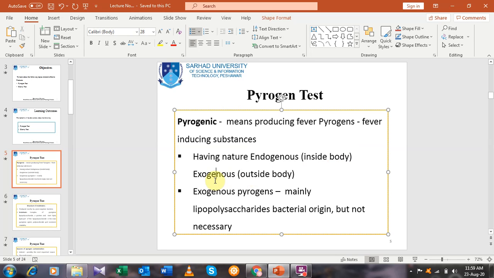These two natures may be of the pyrogen. Pyrogens are those materials or substances which produce fever or which increase the body temperature. Exogenous pyrogens are mainly lipopolysaccharide of bacterial origin, not necessarily, but mainly lipopolysaccharide of bacterial origin, that is exogenous, found outside the body.